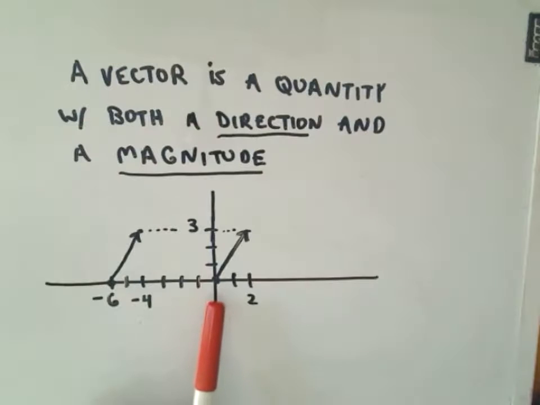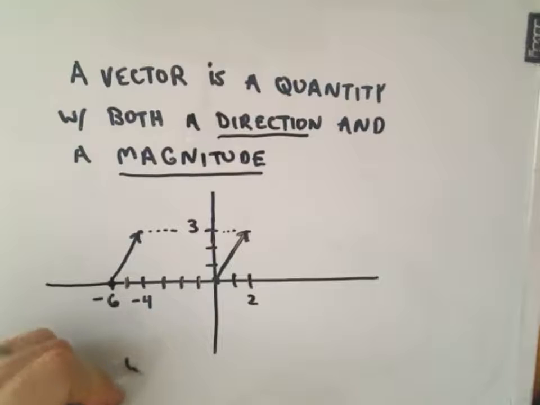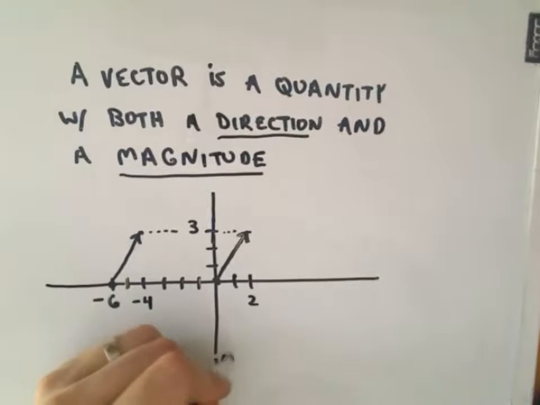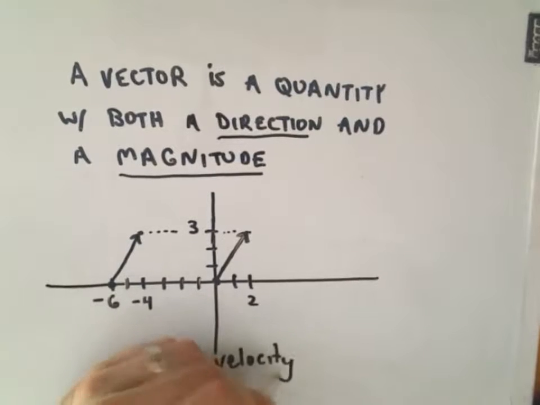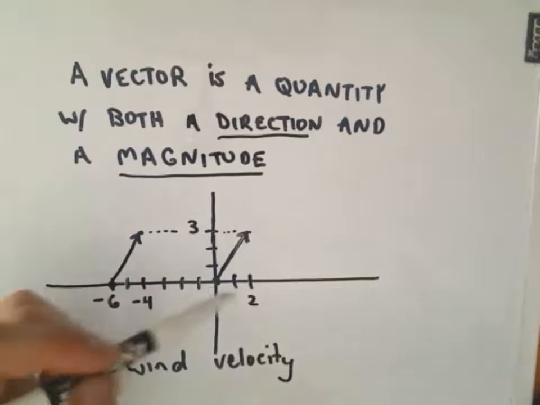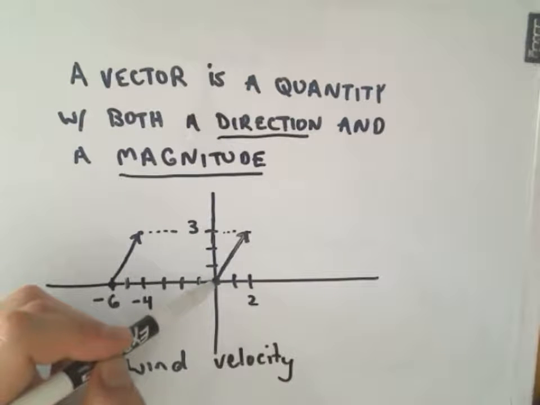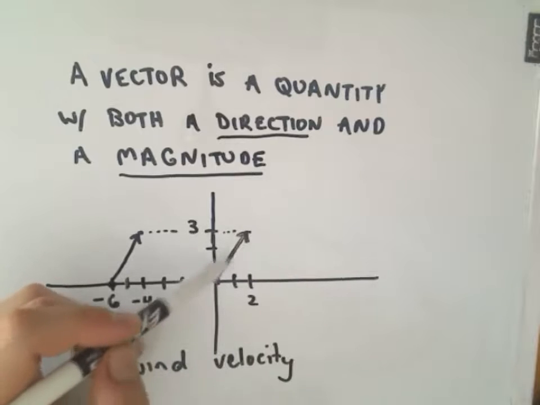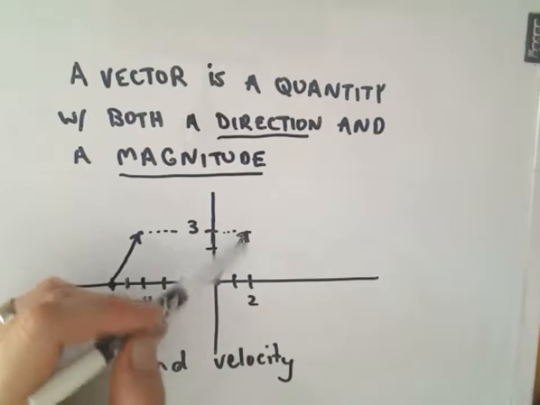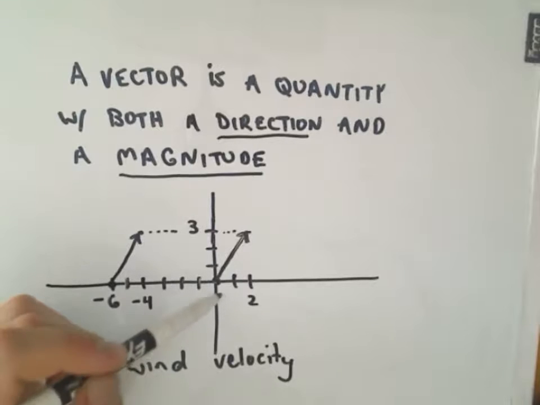Okay, so one concrete example of something that you could represent as a vector would be wind velocity. So suppose I've got it in the little xy plane. Here's a vector at the origin, and it's pointing not quite northeast, but in a northeasterly direction.